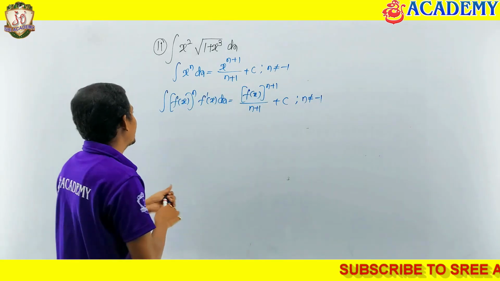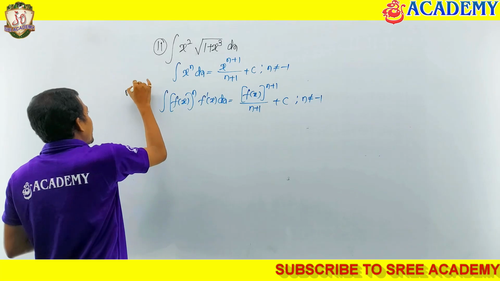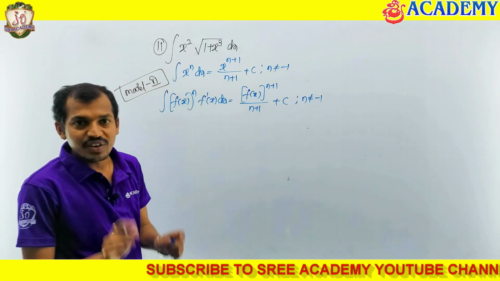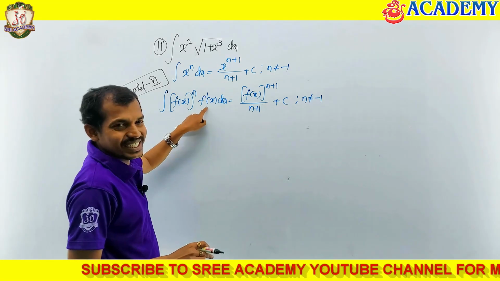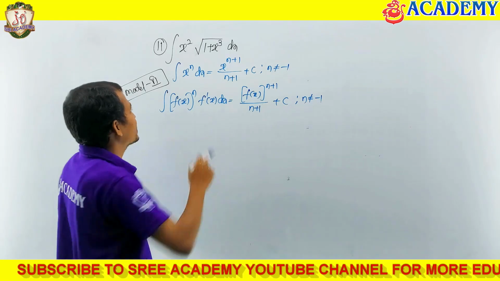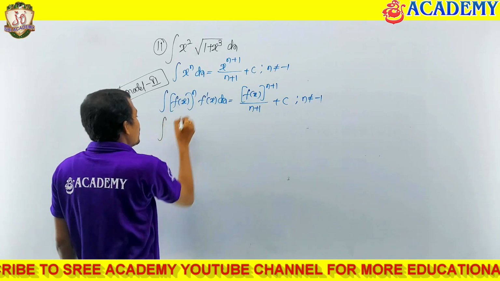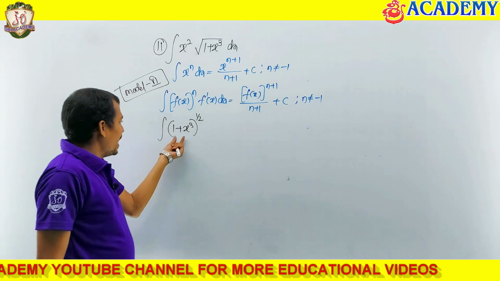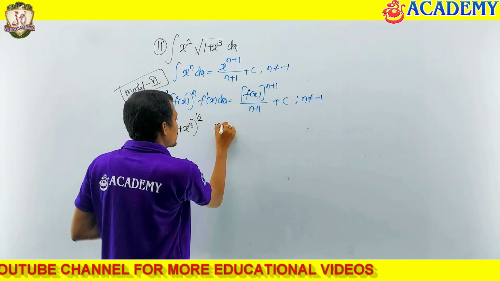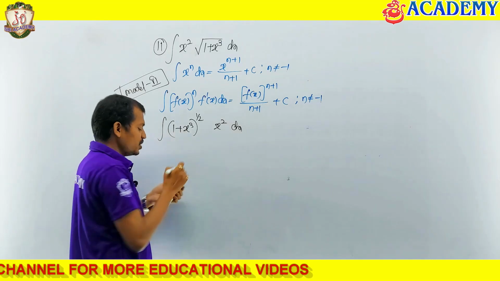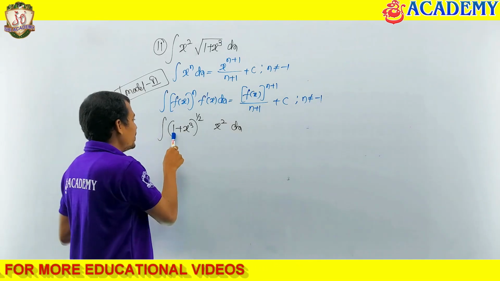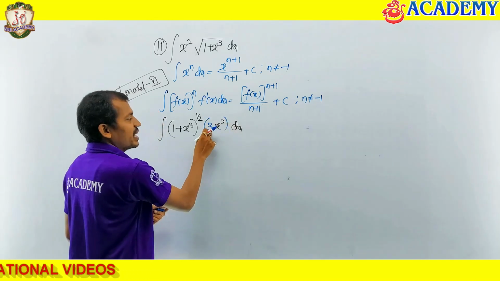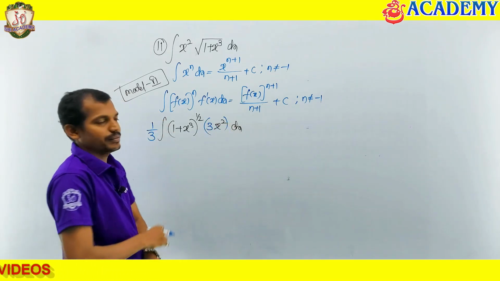I am representing one more model, that is, we have to check whether the function exists with the derivative of that function. See, integral of 1 plus x cube whole to the power of 1 by 2, x square. Here the derivative of 1 plus x cube: derivative of 1 is 0, and x cube derivative is 3x square, but we didn't have 3, that's why I am multiplying and dividing by 3.